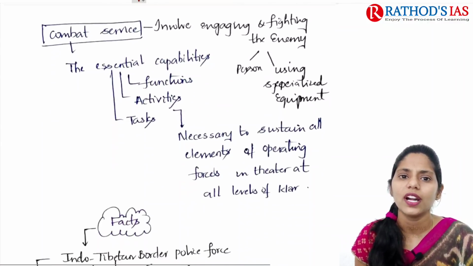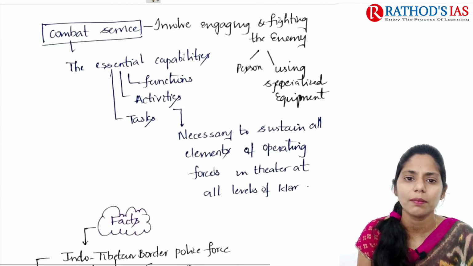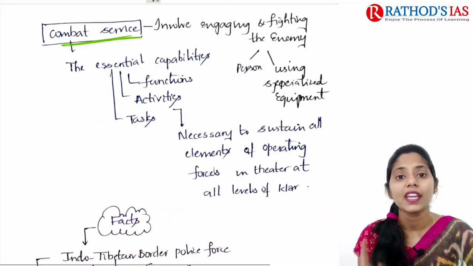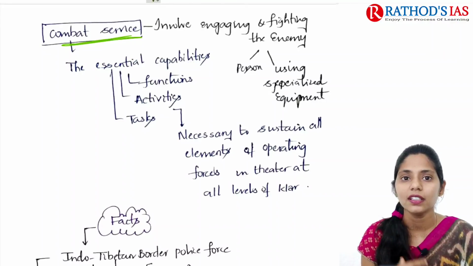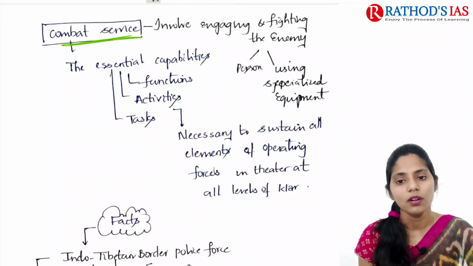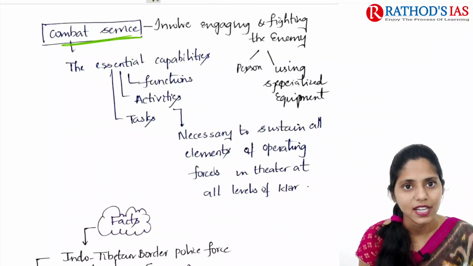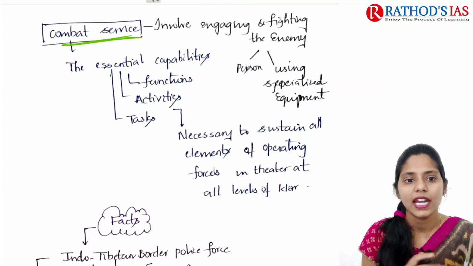Now let us try to understand the meaning of combat services. Combat services mainly involve engaging and fighting the enemy, either by individuals or by using specified equipment. In this, women can now enter the ITBP.